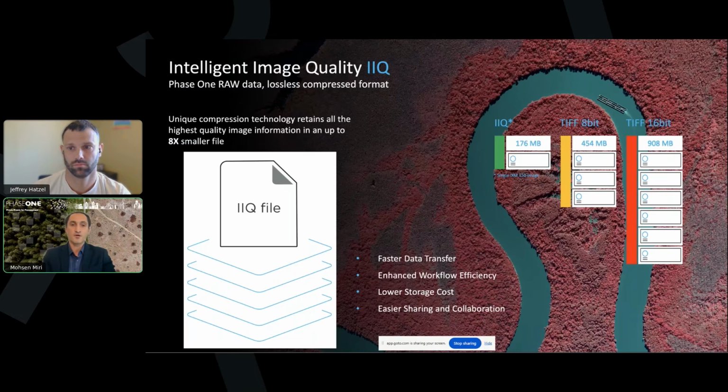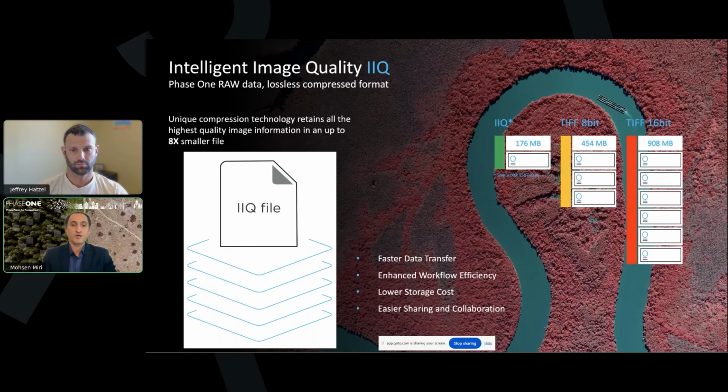One is the high quality inside the image. Let's say it's texture, content, the quality and accuracy of the pixels inside the image, and we would like to keep it as much as possible through the workflow. The second point is the data storage, which you're seeing here compared to a TIFF file.